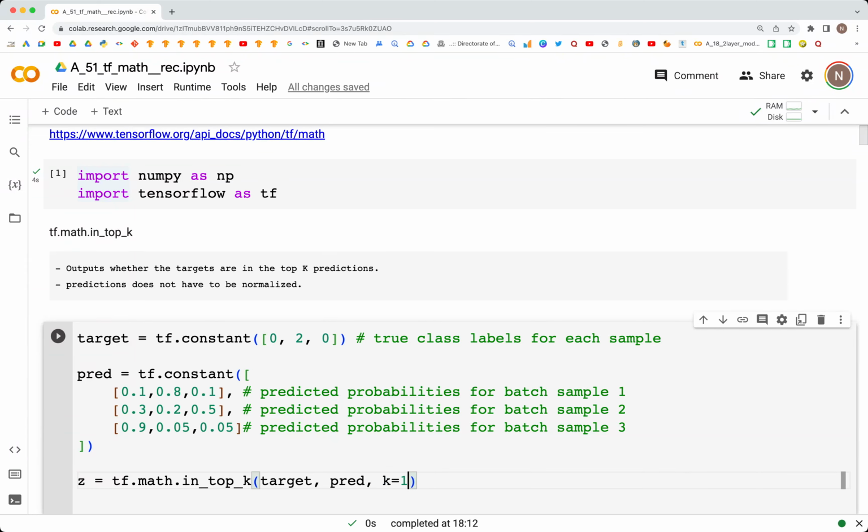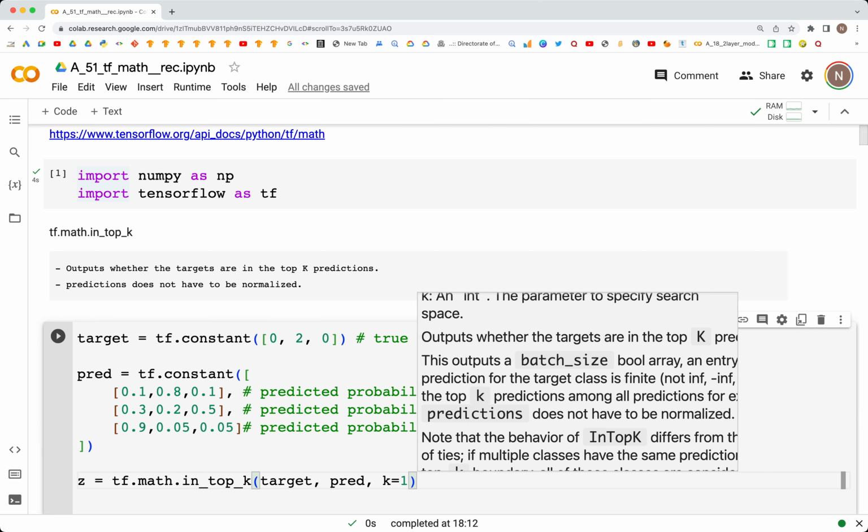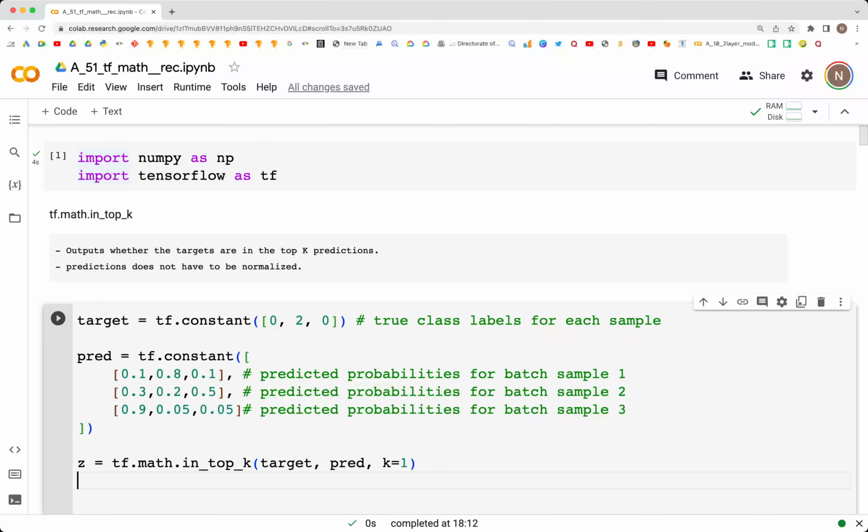If we say top k is equal to 1, what we are saying is that whatever values we have here, the largest value would be the class that is predicted. The first column, index 0, represents class 0, this represents class 1, and the third column represents class 2.